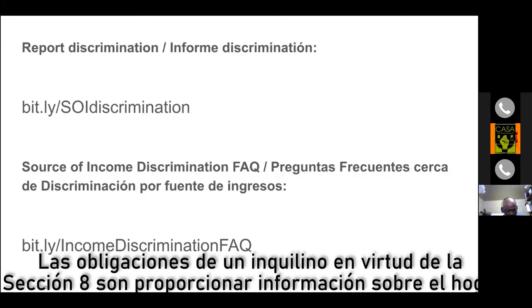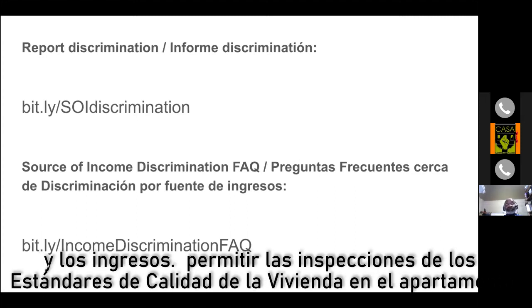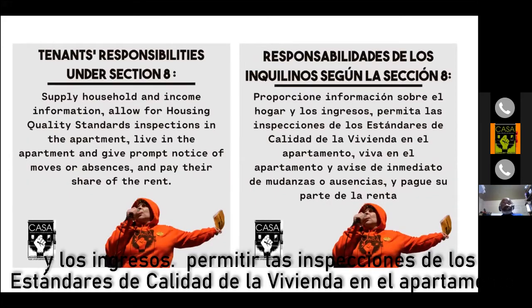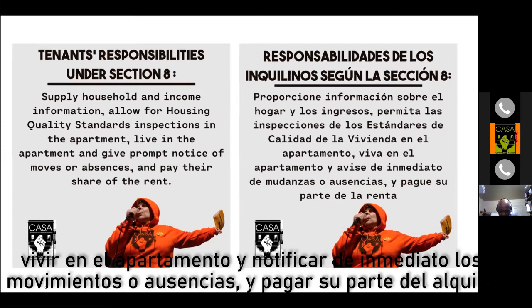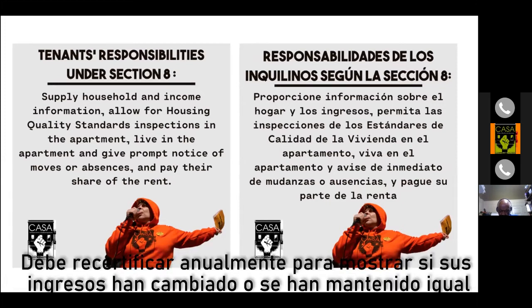Tenant obligations under Section 8 are to supply household income information, allow for housing quality standard inspection in the apartment, live in the apartment, give prompt notice of a move or absence, and pay their share of the rent.